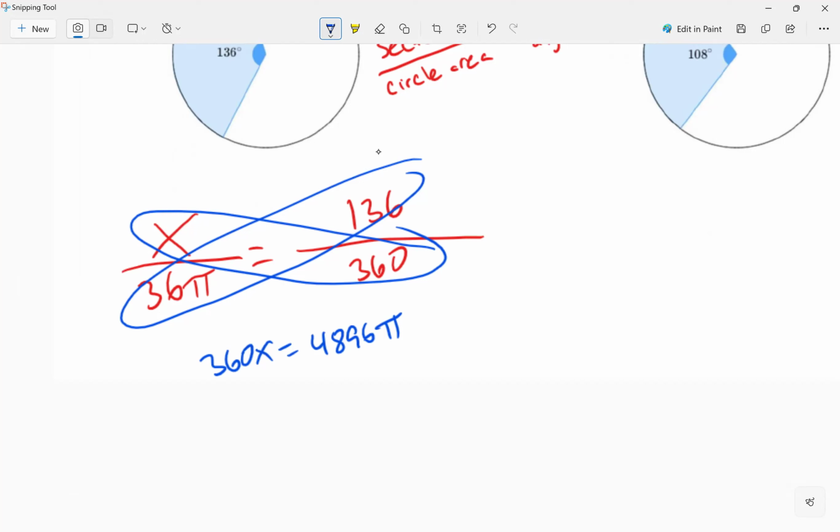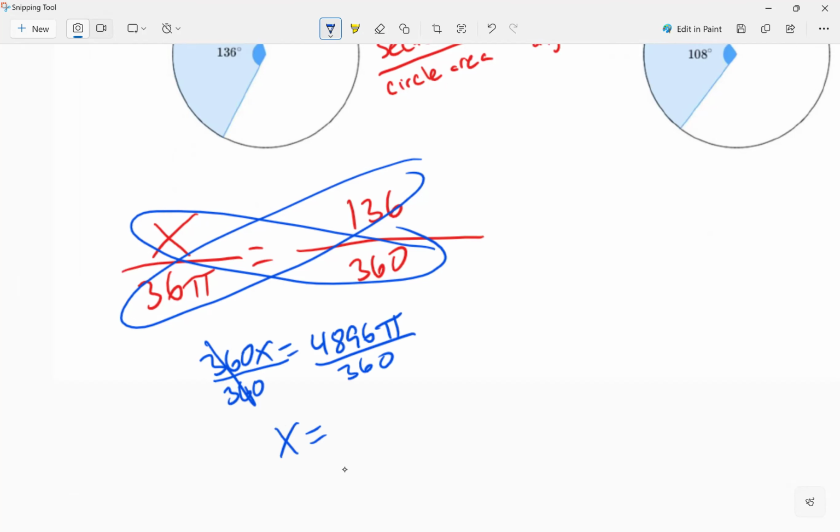Like I said, I don't want to deal with pi just yet. Let me divide each side by 360. So x equals 4,896 times pi divided by 360.